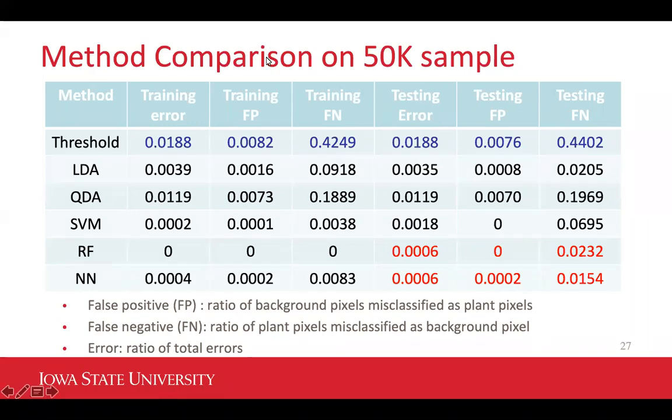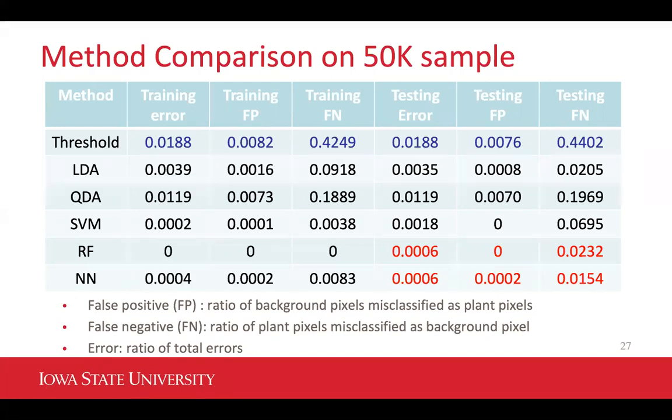False positive means the ratio of background pixels misclassified as plant pixels. We consider plant pixels as positive and background pixels as negative. False negative means that plant pixels are misclassified as background pixels.